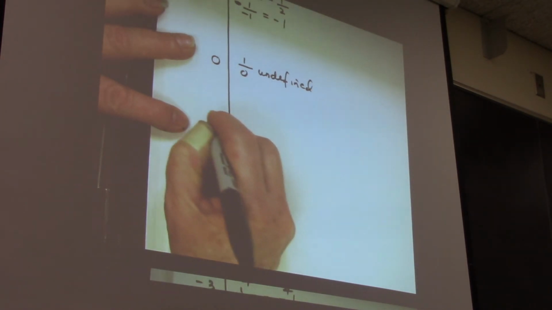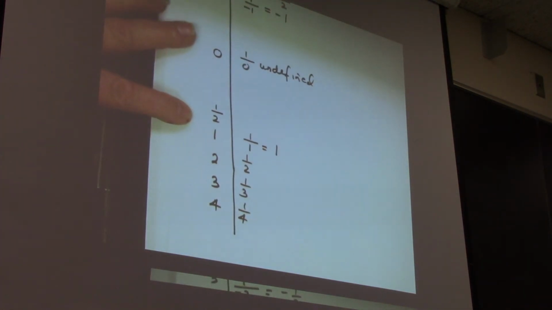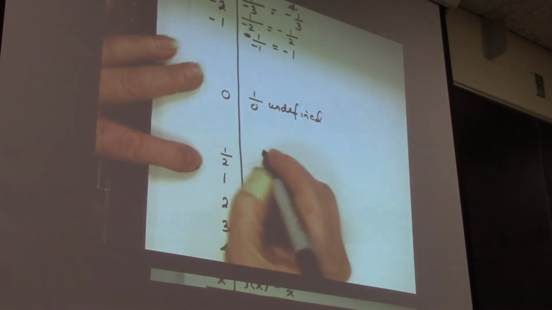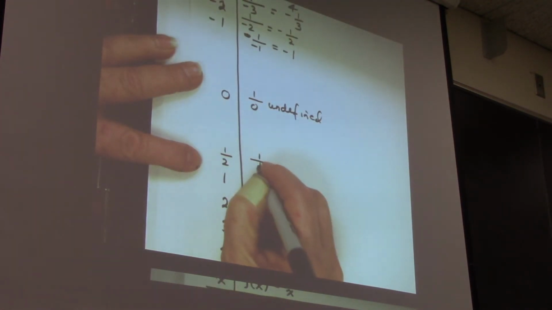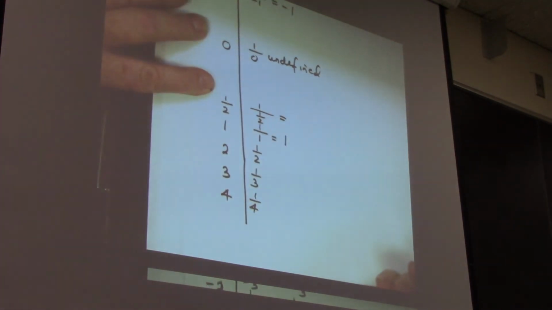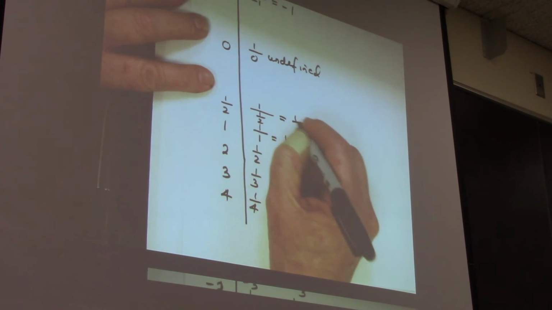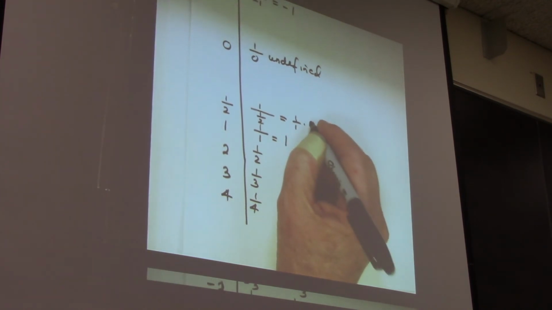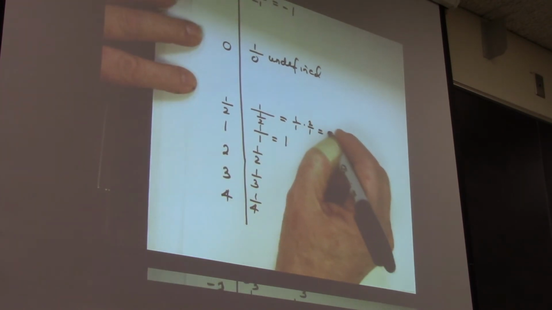Let's plug in 1/2. When x is 1/2, y is 1 over 1/2. What's 1 divided by 1/2? 2, right? It's 1 over 1 times the reciprocal, 2 over 1, so 2.